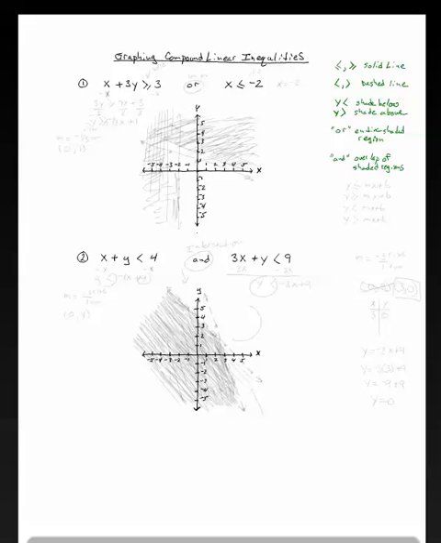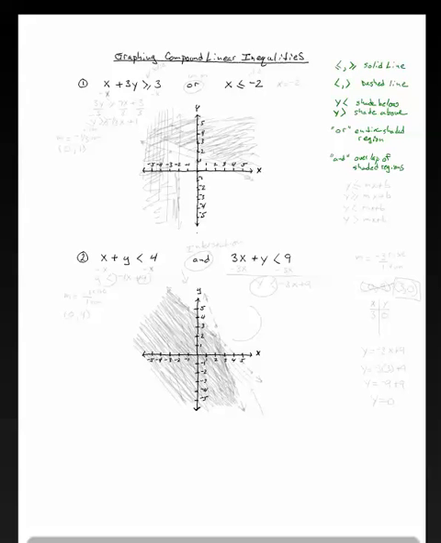In example 1, it says x plus 3y is greater than or equal to 3, or x is less than or equal to negative 2. The first thing I need to do is make sure I have it in slope-intercept form.